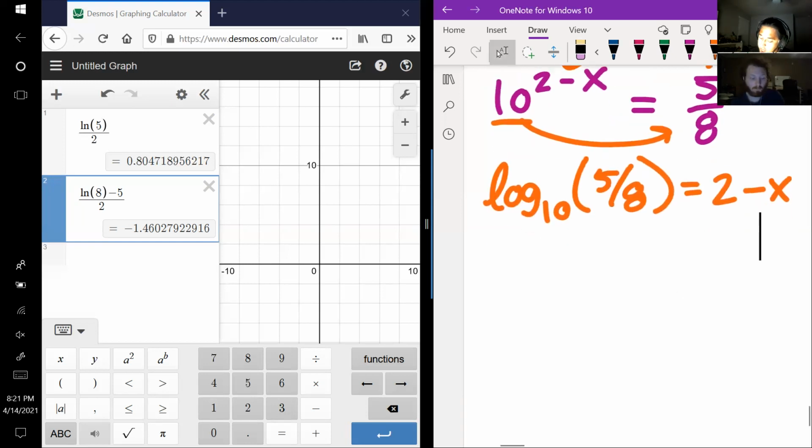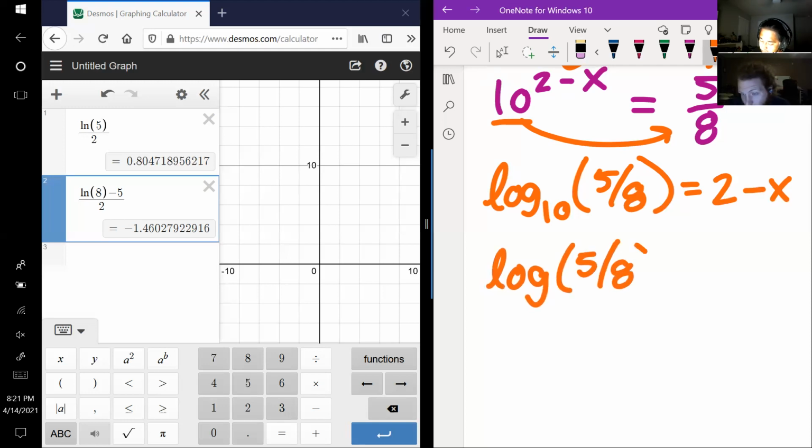And since this log base is 10, we now know it's the common log. So we can just write it as log of 5/8 equals 2 minus x.